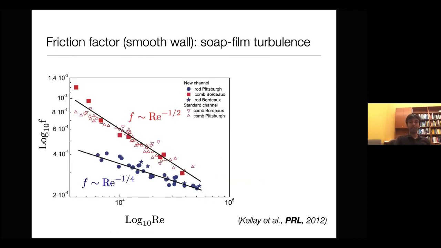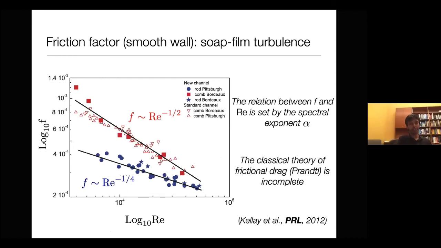Thanks. So here, with these two families that you can see, you can immediately conclude two things. One, the relation between friction and Reynolds number shows two clearly different families, and what's different between the two families is the spectral exponent. So this relationship is set by the spectral exponent.